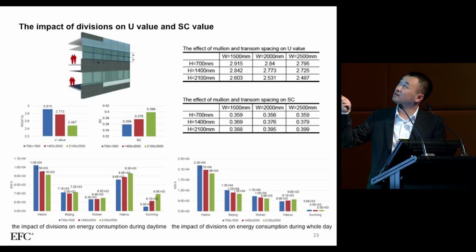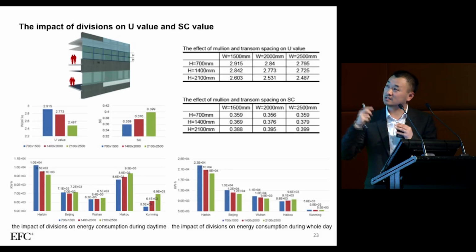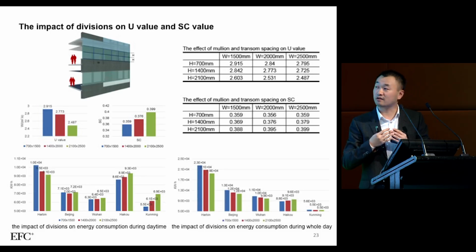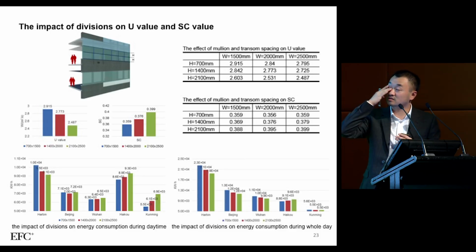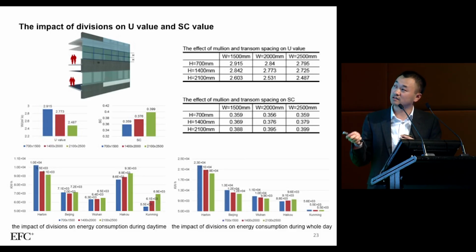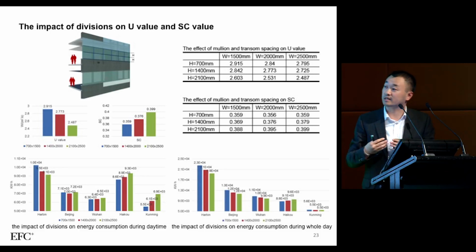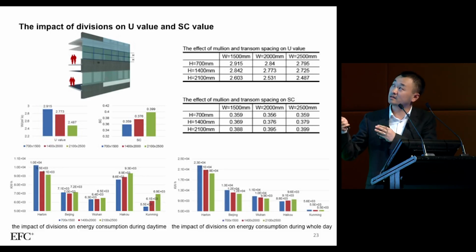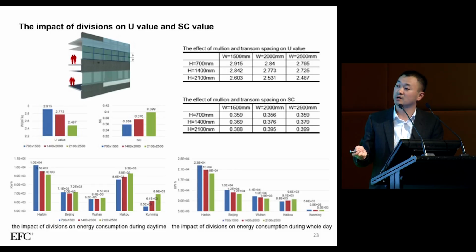So the different kinds of division will affect the performance of the facade. It leads to different U value and different SC value for the whole building. When we apply the division to different cities, we get this diagram. So we have Harbin, Beijing, Wuhan, and Haikou, Kunming.